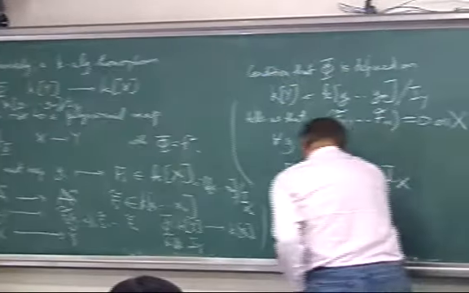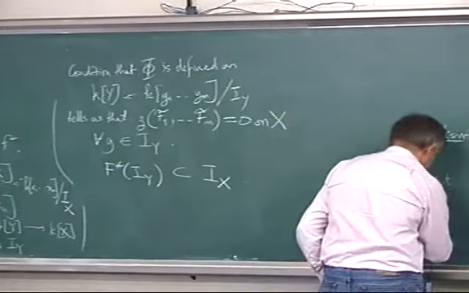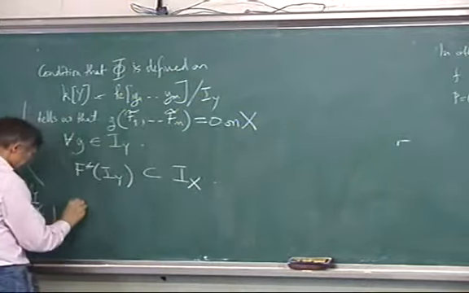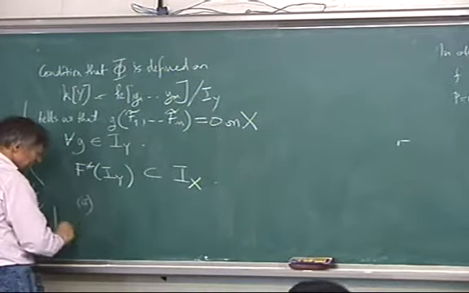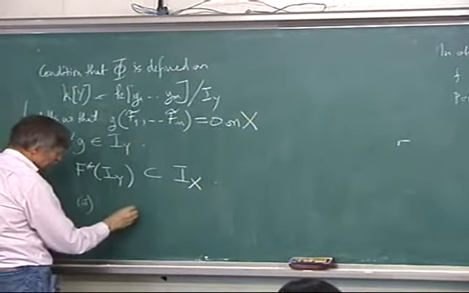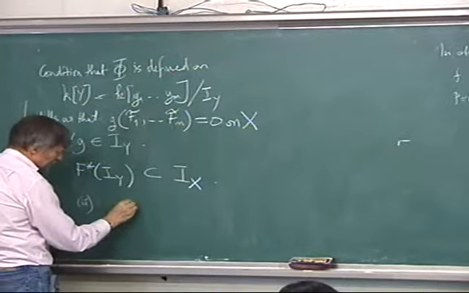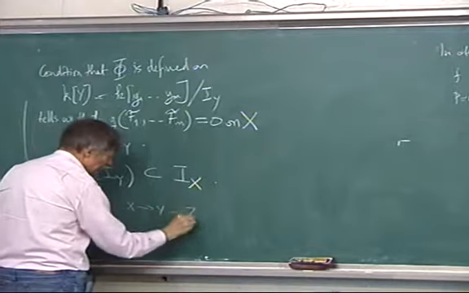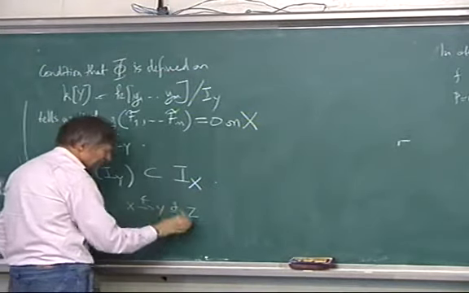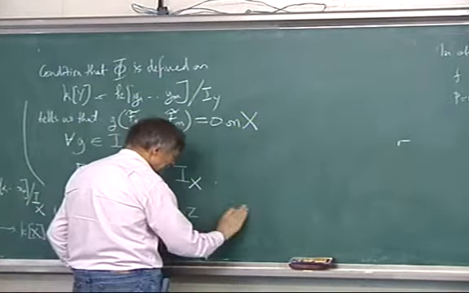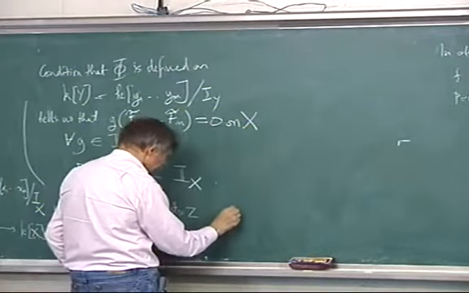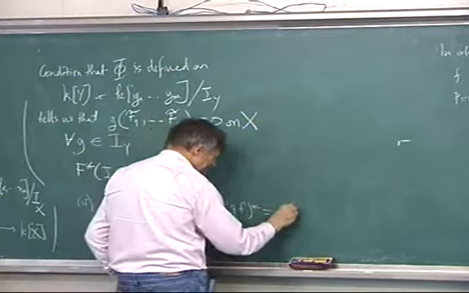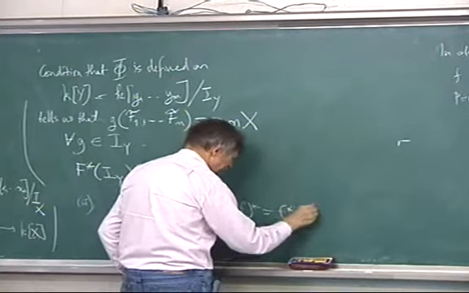Okay, so in the third part, Theorem 4.4 has part 3, which is saying that if I do X to Y to Z, f and g, then the composition gf upper star is f upper star g upper star.